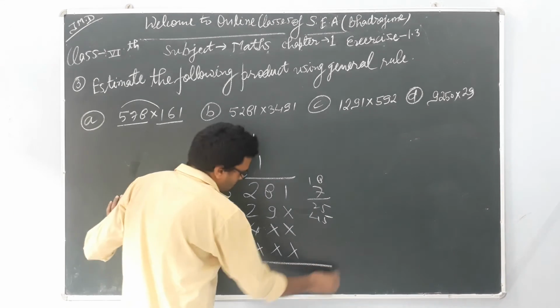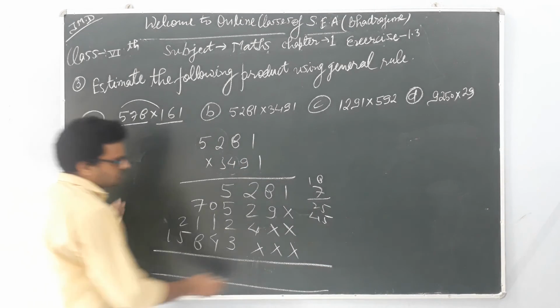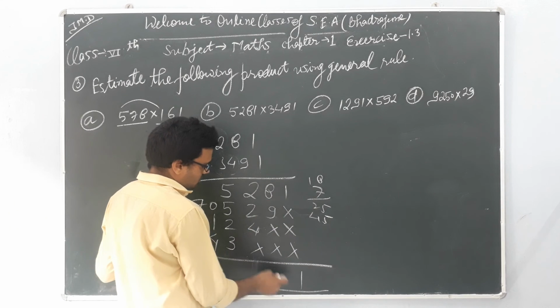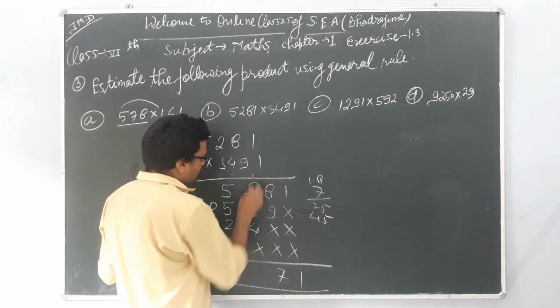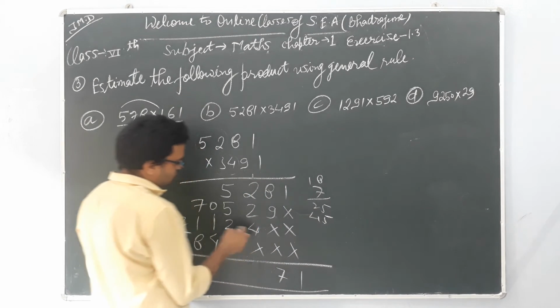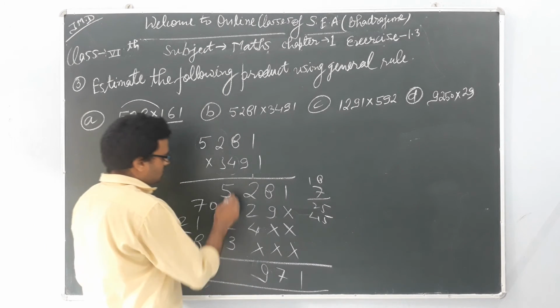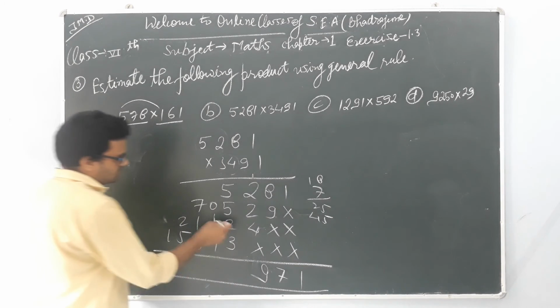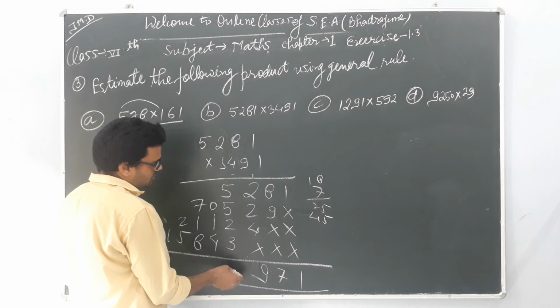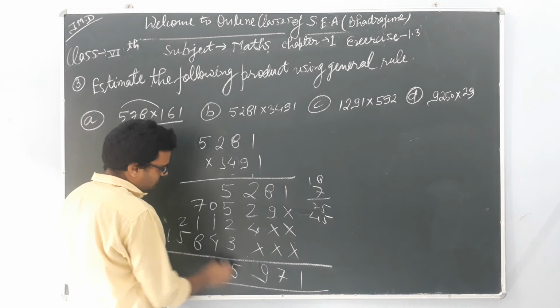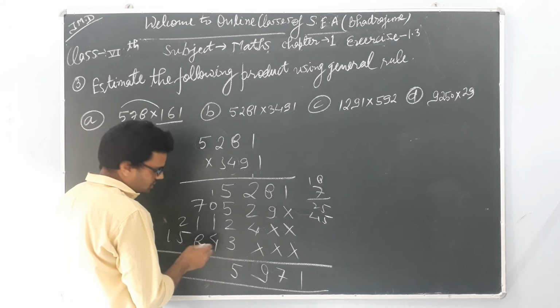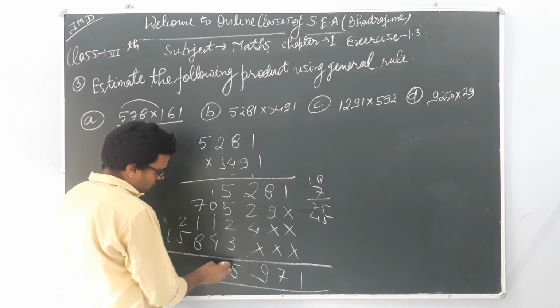Okay, after adding this we will get 1, this is 7, 7, 1 carry, 2 plus 2 is 4, 4 plus 4 is 8, 8 plus 1 is 9, and 5 plus 5 is 10, 10 plus 5 is 15, 5, 1 carry, 1 plus 1 is 2, 2 plus 4 is 6.